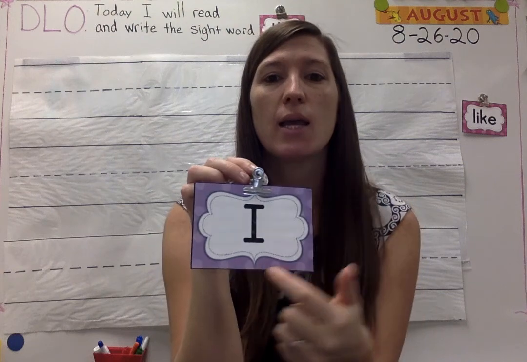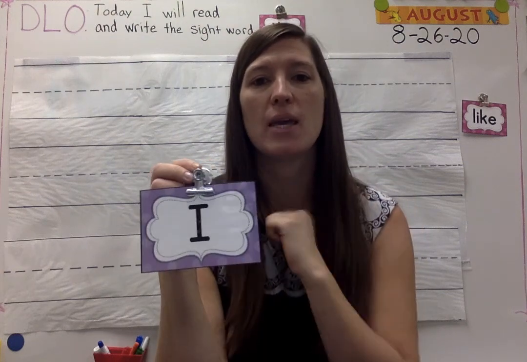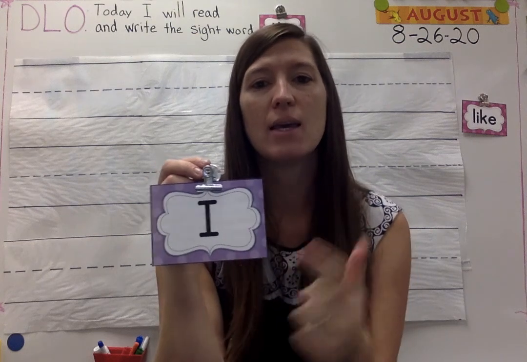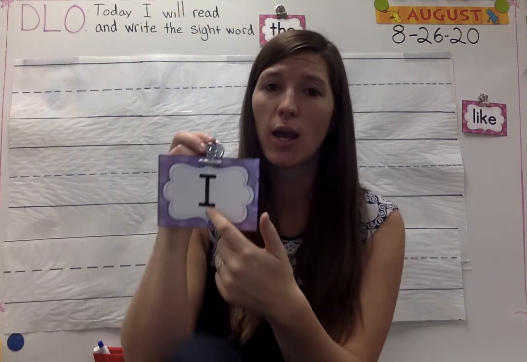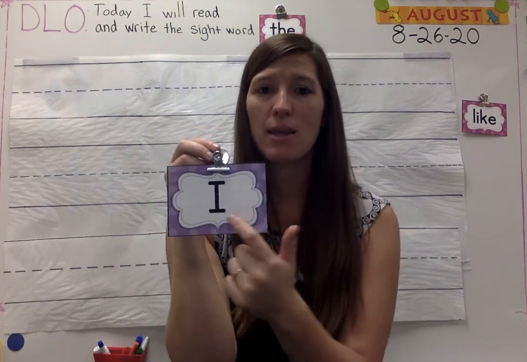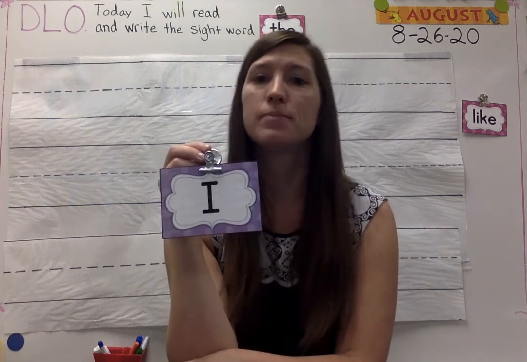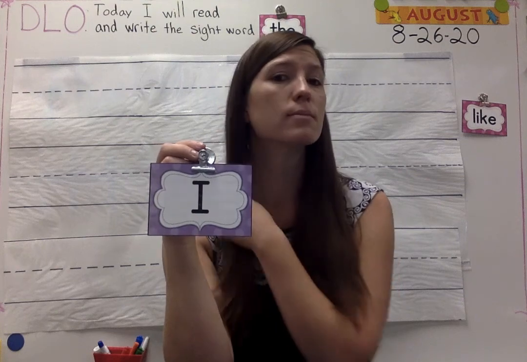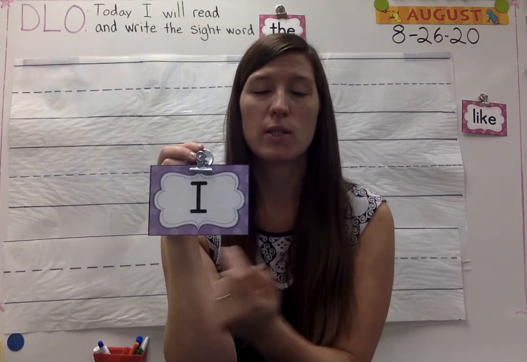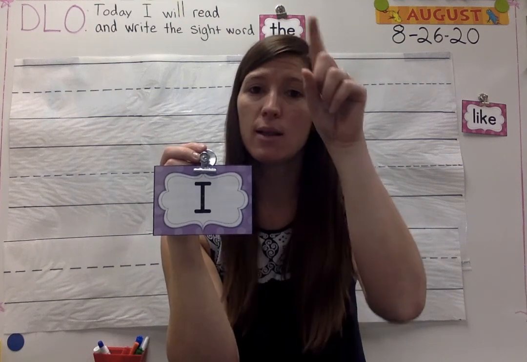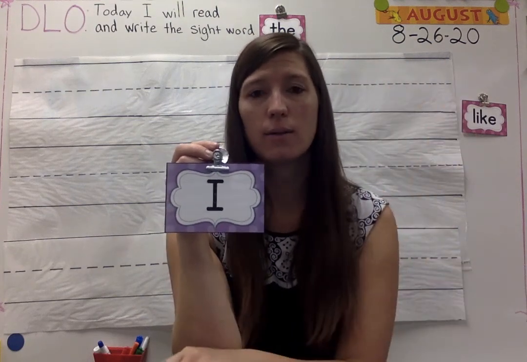Capital I spells I and I is about me. M-E. Capital I is a letter and a word that's about me. I use sentences all the time that start with I. I like the stars, I like to watch them in the sky.